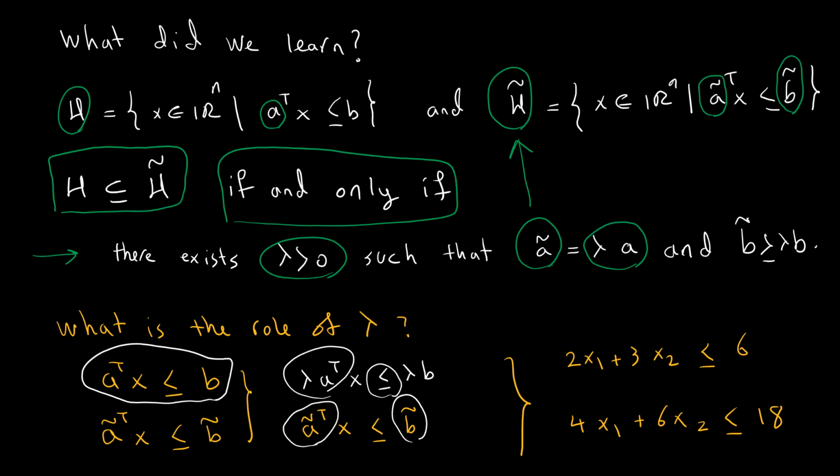This is the case, for example, for this one. We have one half space here, and if I multiply by 2, I'm going to get 4x1 plus 6x2 less than or equal to 12. And now you can see that B tilde is less than 18. I can claim that the first half space is contained in the second one, and this is the necessary and sufficient condition for the result we are looking for.